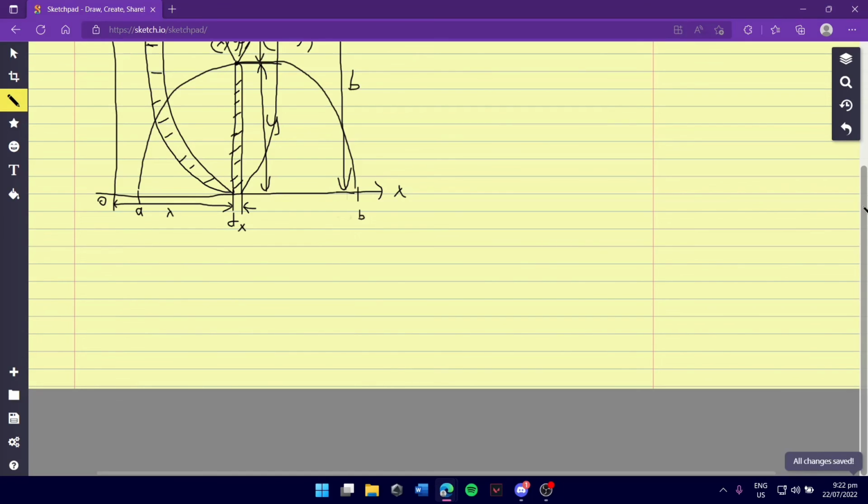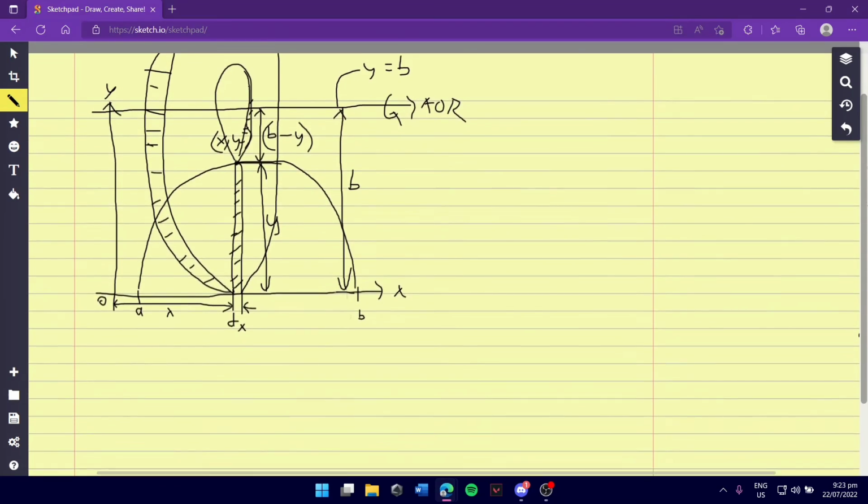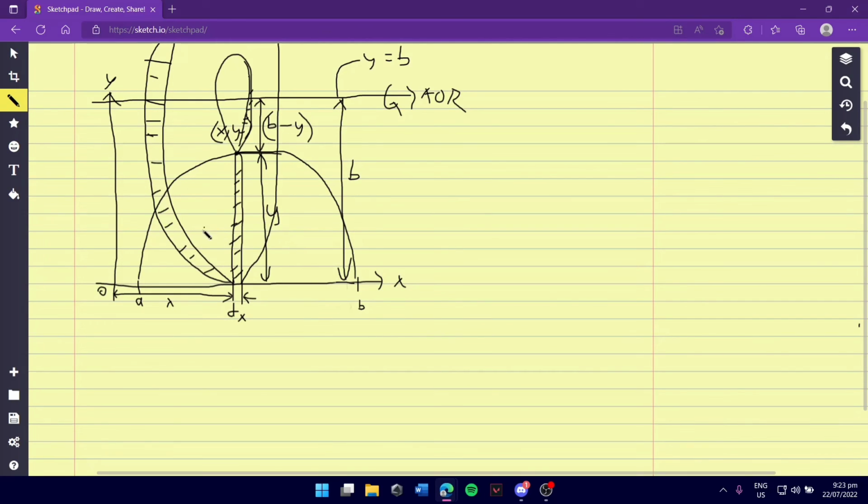So if we take out the washer, it will become right here, and another hole. It's like an avocado, but when you draw it, it will be like that.